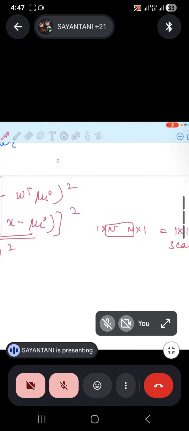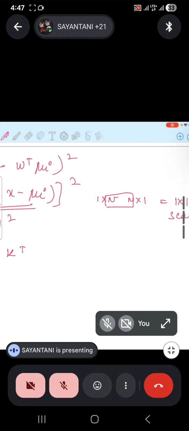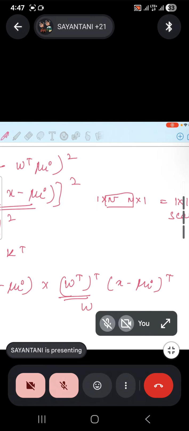Now the scalar quantity K, K squared I can write as K into K transpose. Like 2 square: 2 into transpose of 2 is 2, so it gives me 4. I can write in that manner, right? In a similar way, just replace the values. So K into K transpose: W transpose (X minus mu I) into the transpose of W transpose (X minus mu I), that is (X minus mu I) transpose, and transpose of transpose is W, right?